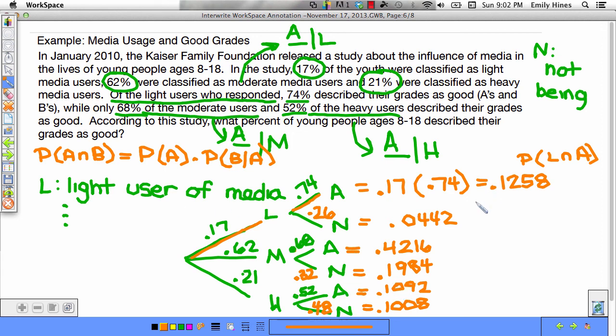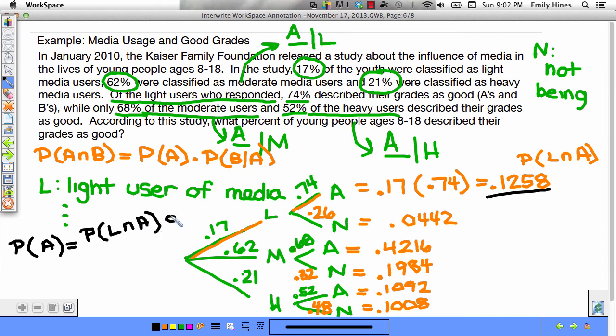So then, if I want the probability that they describe their grades as good, that is all of these, any probability where they describe their grades as good. Okay, the probability that they describe their grades as good is the probability that they are light and describe their grades as good, or, and remember I can do the U sign for the or, the probability that they're moderate users and they describe their grades as good, or the probability that they are a heavy user and they describe their grades as good.